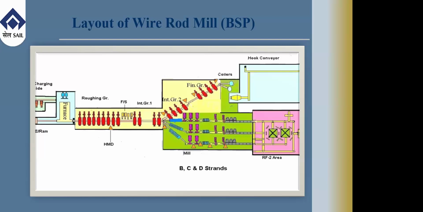It is applicable for wire rods as well as for TMT coils. For example, in B strand we generally do not produce 8 mm. In TMT, we produce only 10. Likewise, there are certain technological constraints which prohibit this universalization, so we cannot produce all thicknesses in all the strands. That is a limitation.